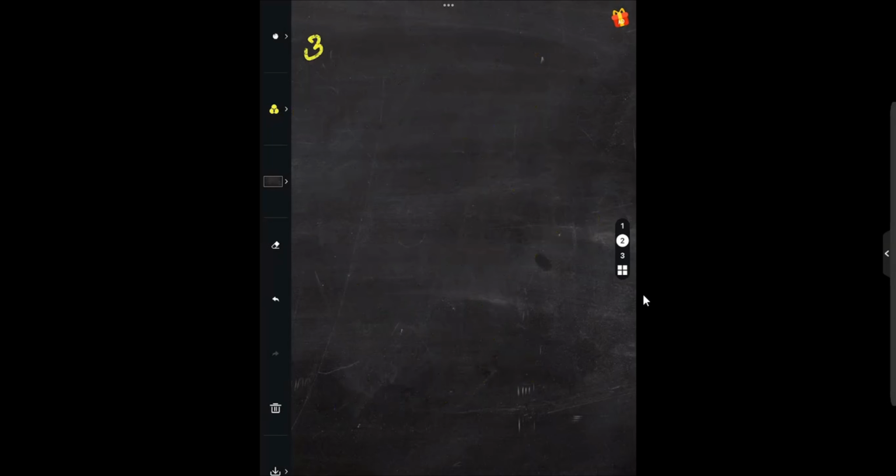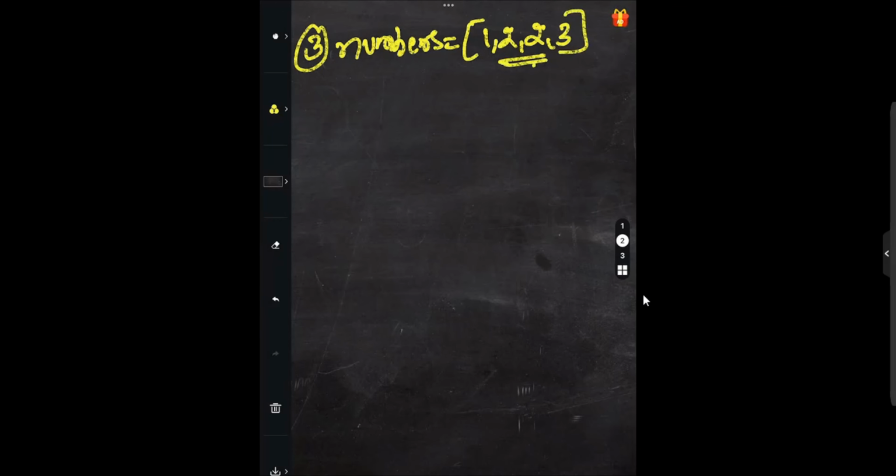Let's move on to the third edge case, duplicates in the array. Let me consider numbers equals 1, 2, 2, 3. We have the duplicate number here. You can clearly see 2 is repeated twice. The target here, let me give 4.